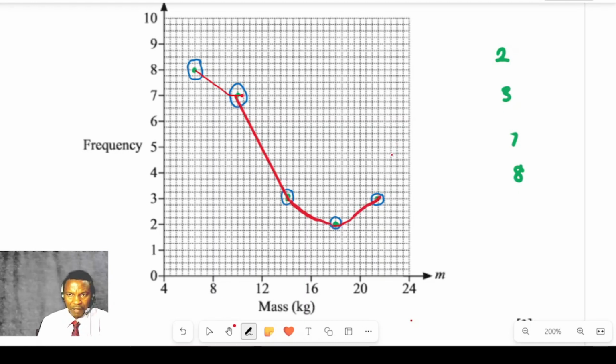So this is the frequency polygon. With this we have completed the graph of the frequency against the midpoint of each of the buses.